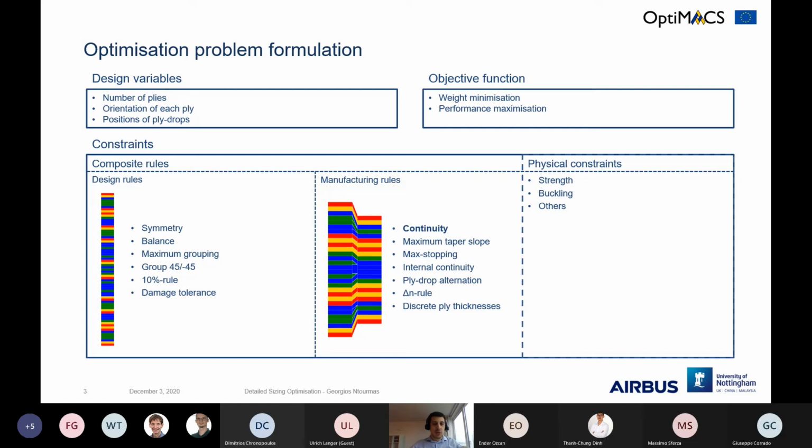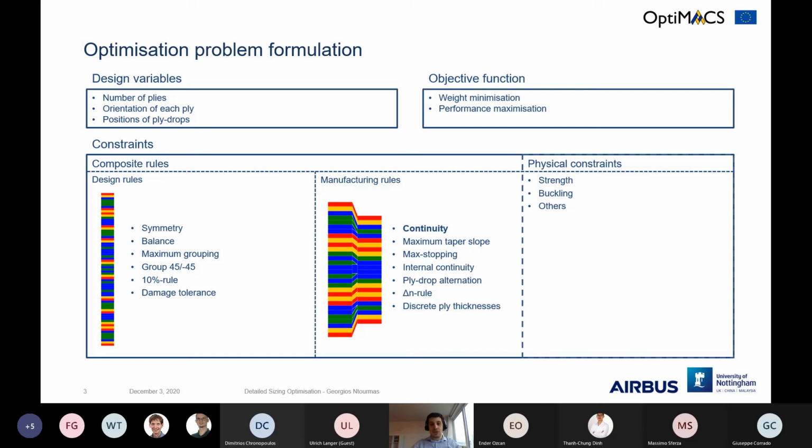And firstly, we have design rules which regulate what exactly happens within a specific laminate. So we usually use symmetric laminates in the aerospace industry, or we have other rules specifying that we shouldn't have more than 4 plies of the same orientation placed consecutively within the laminate.